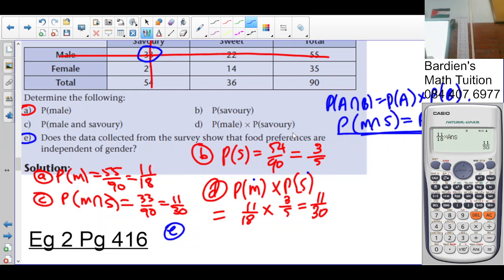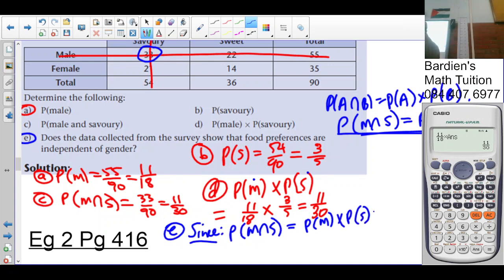So what do we say? The probability of male intersection savory is equal to, okay, we did the calculation already, no? So we state the obvious, since the probability of male intersection savory is equal to the probability of male times the probability of savory, which is equal to 11 over 30.